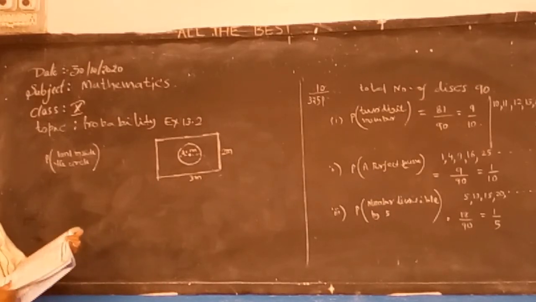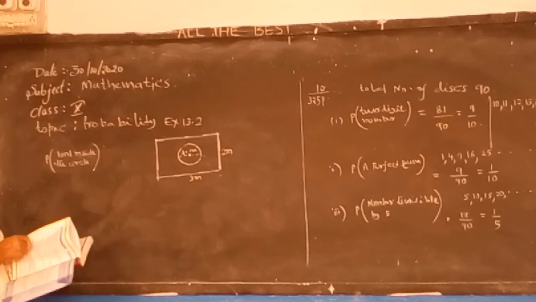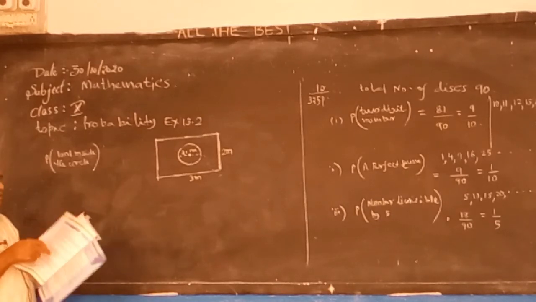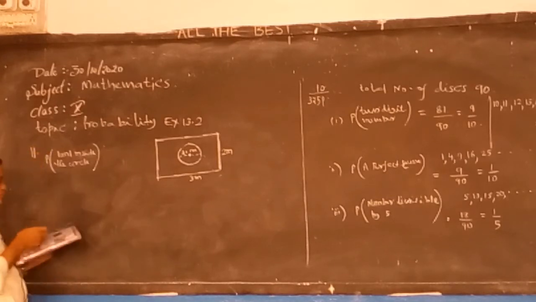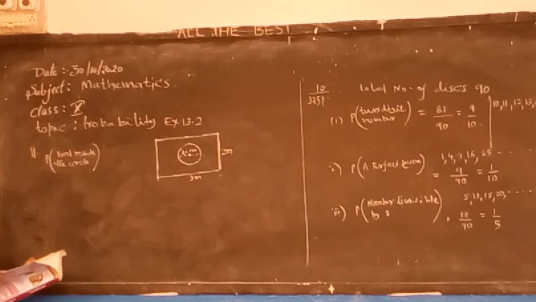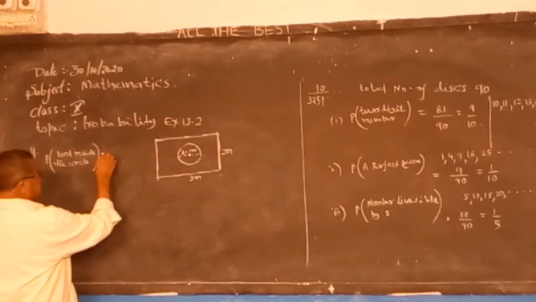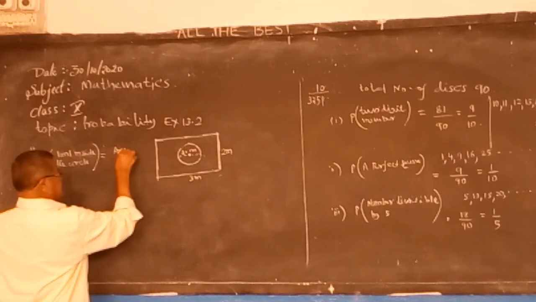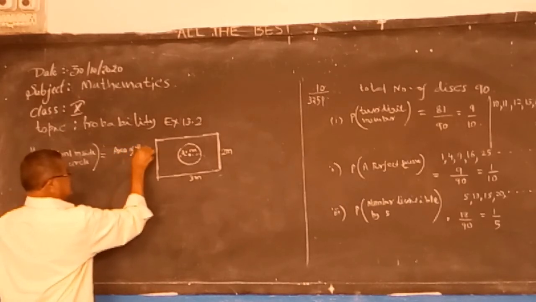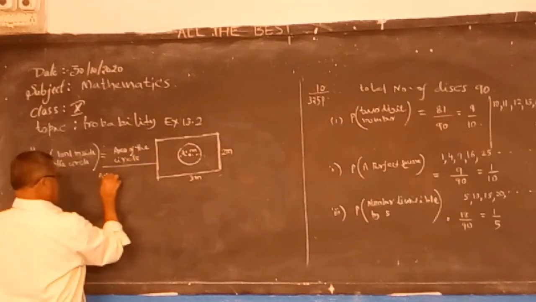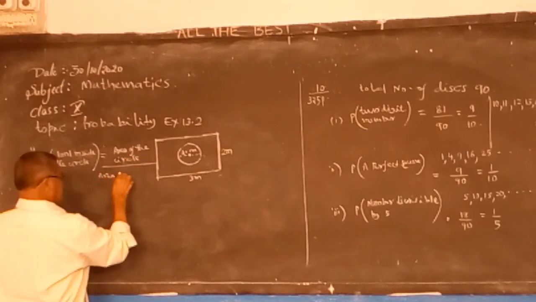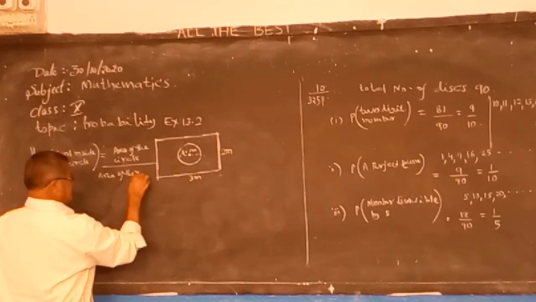So we divide the area of the circle by the area of the rectangle. This is the 11th problem.